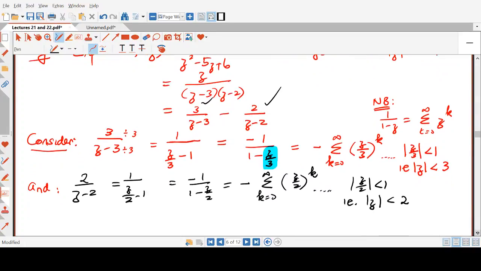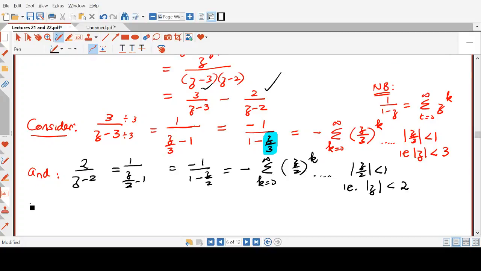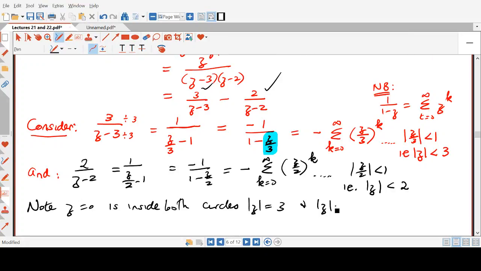In any case, the point z equals 0. Note, z equals 0 is inside both circles, z equals 3 and z equals 2.